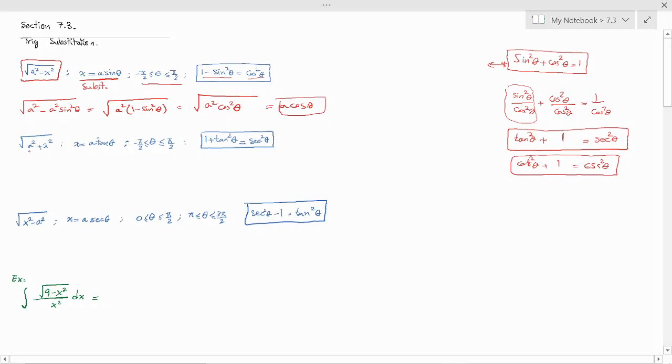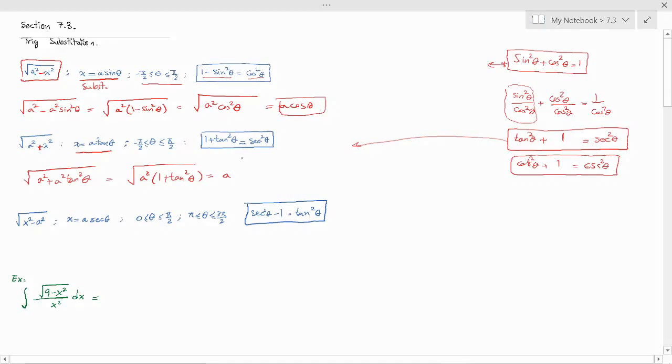Similarly, if you're dealing with a squared plus x squared, the difference here is a minus x squared versus a squared plus x squared. Instead of picking x to be a sine, you can pick x to be a tangent. Just because in that case, what we get is a squared plus a squared tan squared theta, and that is the square root of a squared times 1 plus tan squared theta, which is a squared times secant squared theta.